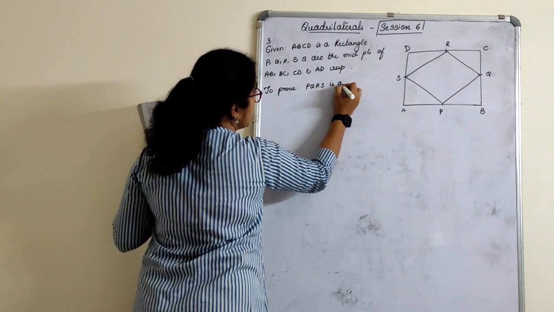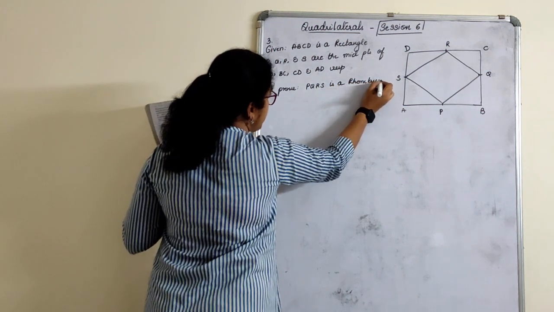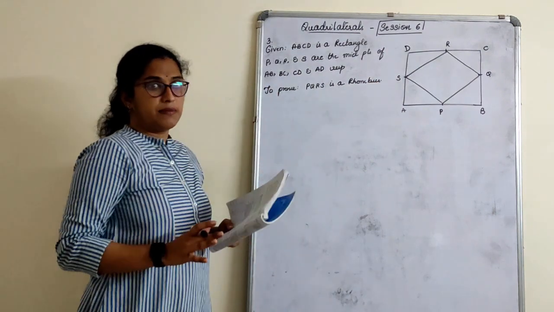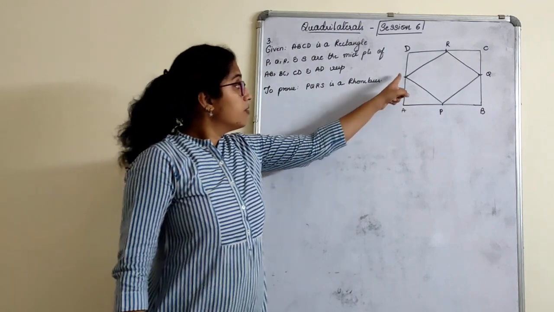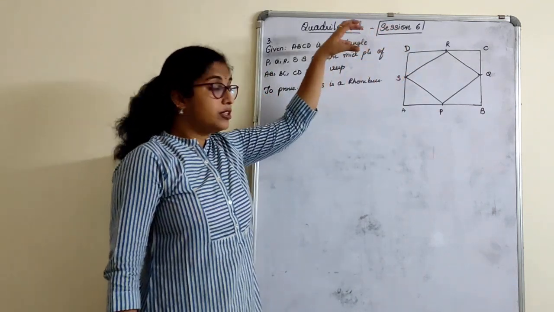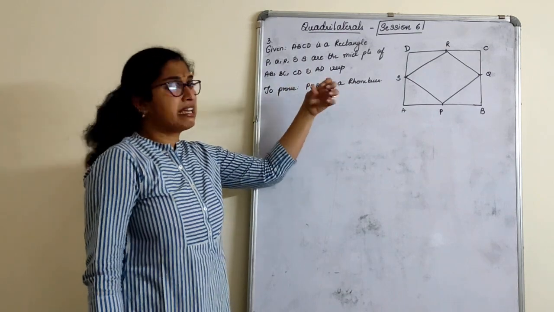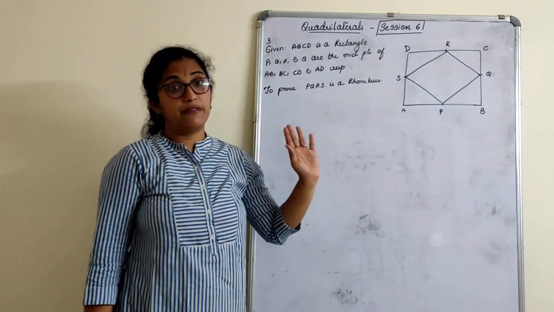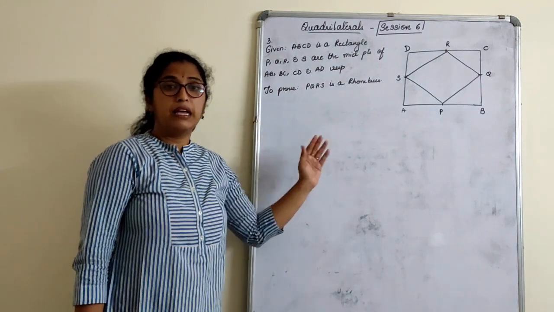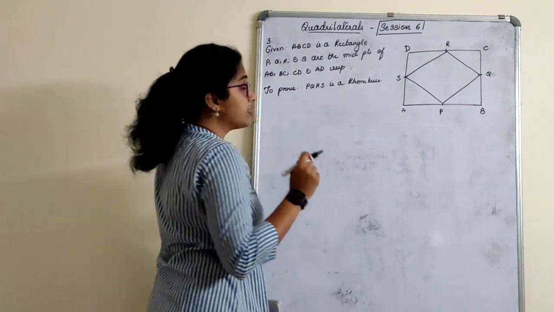PQRS is a rhombus. First of all, what comes to your mind when you see such a figure? Always remember, your first and foremost step is to prove that the quadrilateral formed by joining the midpoints of the given figure, rectangle or whatever it is, is a parallelogram first. Then whatever you have to prove, you go ahead. You have to prove this as a rhombus.